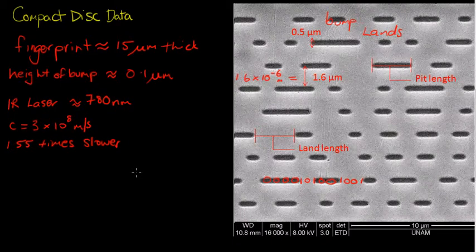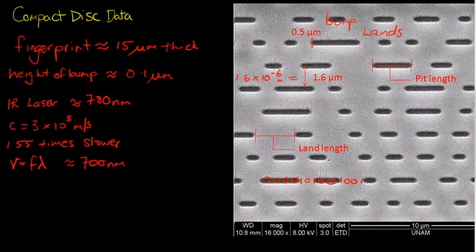If you know v equals the frequency multiplied by the wavelength, and the frequency and wavelength are inversely proportional, we actually reduce the wavelength of the laser to approximately 700 nanometers.